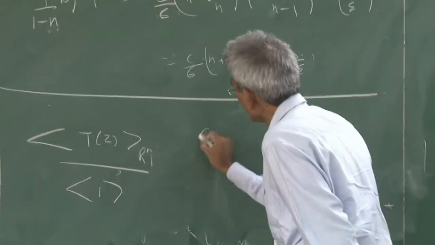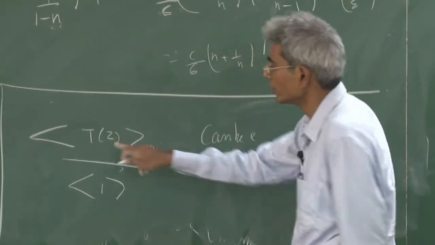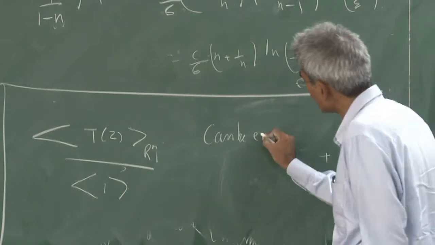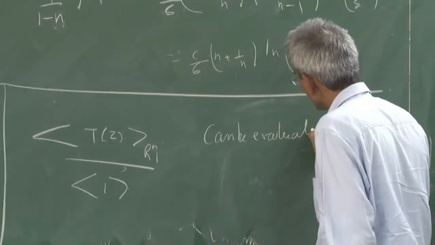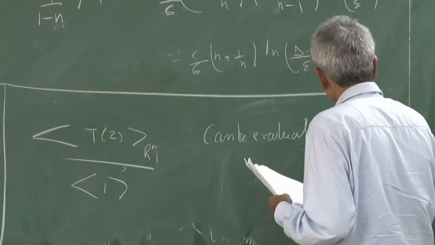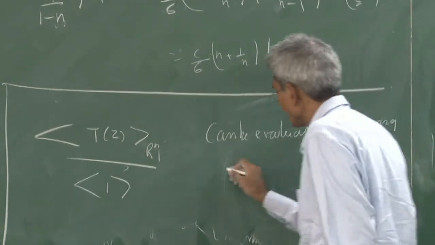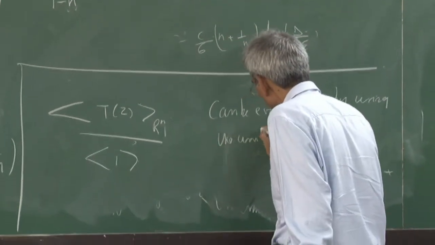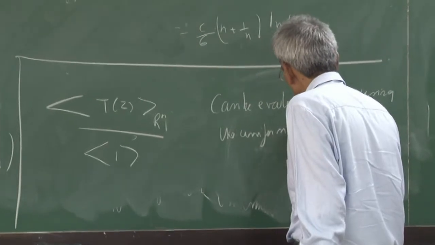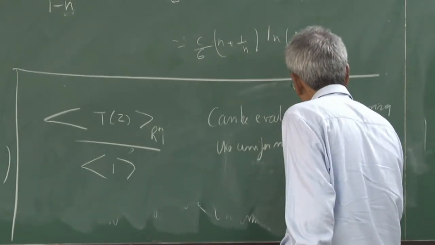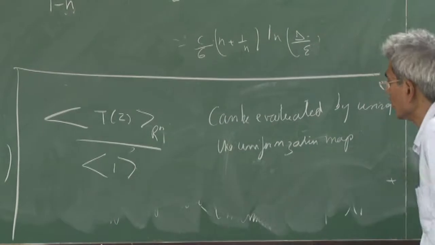Okay. And it can be evaluated. So, this one insertion of a stress tensor on a multi-sheeted surface can be evaluated by using the uniformization map. This will play a role in our discussion again. What is the uniformization?